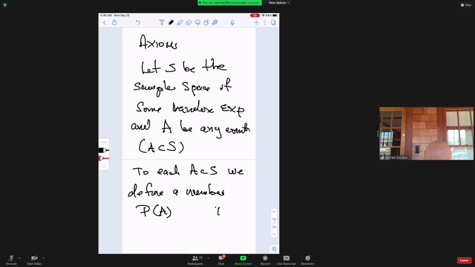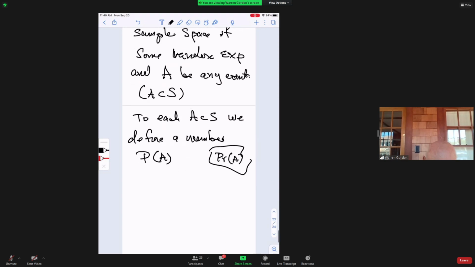By the way, some books write PR of A. Just to note that. That satisfies the following conditions.